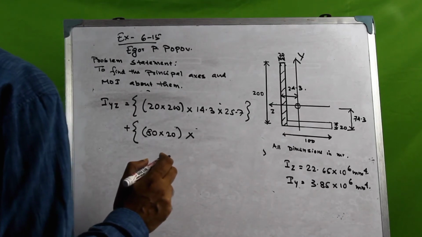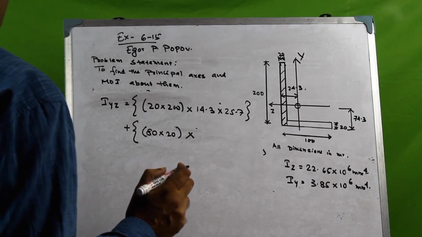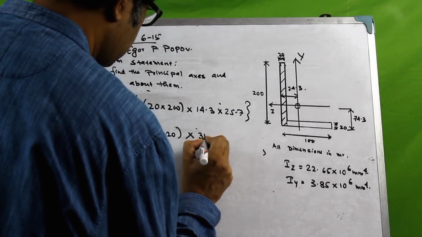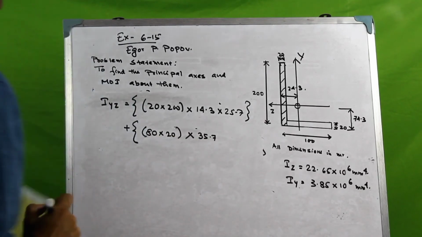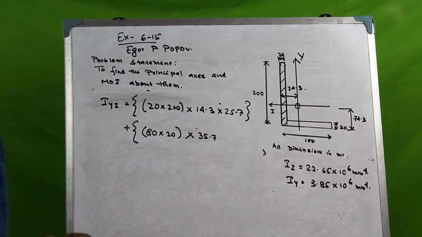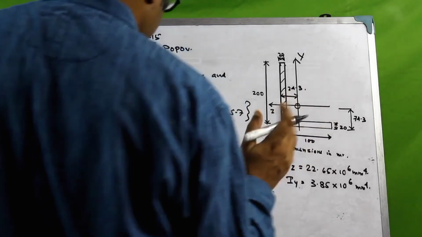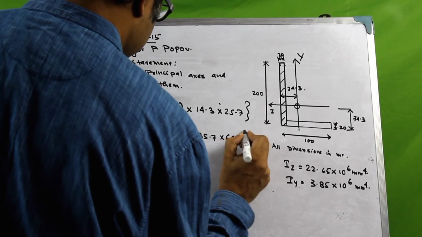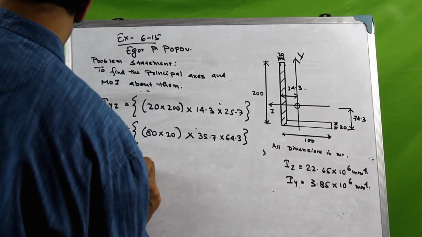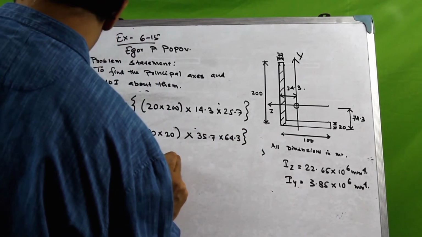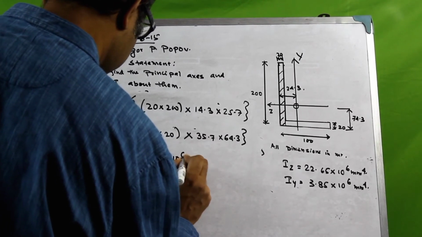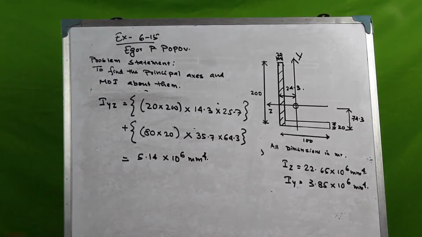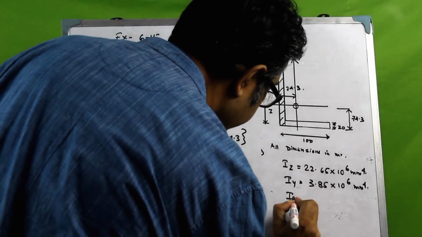So we'll get that as 35.7, so this one would actually be a negative distance, but let us keep that positive. 35.7 into 64.3. So that would give the value of product of inertia as this one.